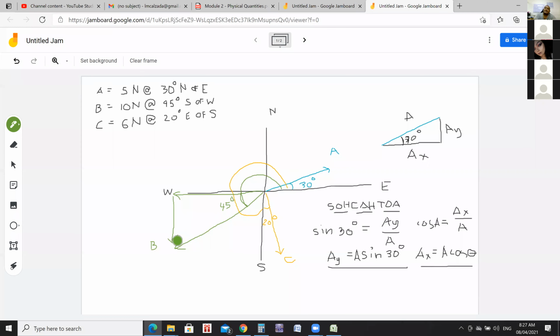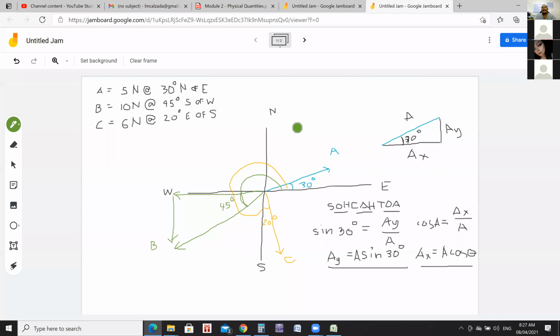Mubalik ni siya sa laws of trigonometry. In the laws of trigonometry, sa rules of trigonometry, kung nakainomdom mo sa inyong trigonometry, the first quadrant, all of the trigonometric functions are positive.